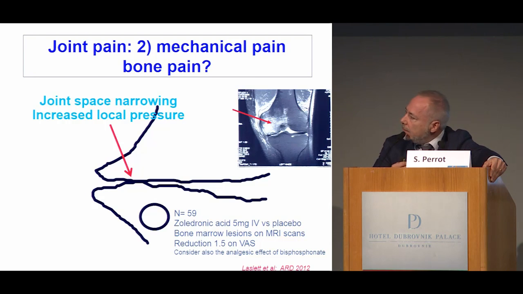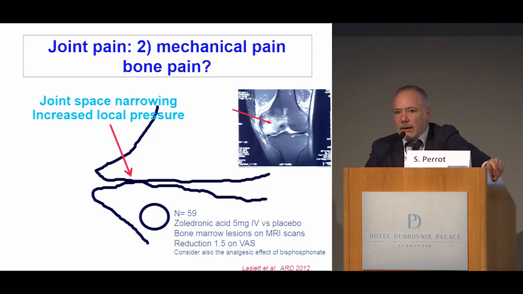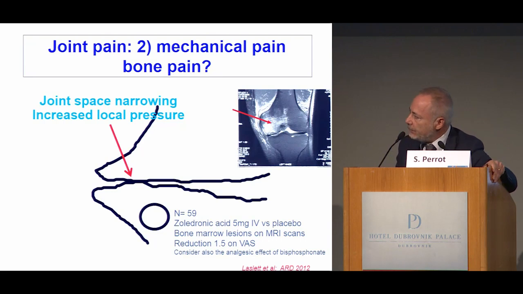And very interestingly, this study demonstrated that zoledronic acid was effective mainly in these patients with bone marrow lesions and with a significant reduction of pain in these patients, especially in these patients. This is probably related to the efficacy of zoledronic acid on bone marrow lesions. But we should also consider that bisphosphonate has some analgesic effect independently of its bone effect, and there are very interesting studies on the direct analgesic effect of bisphosphonates.